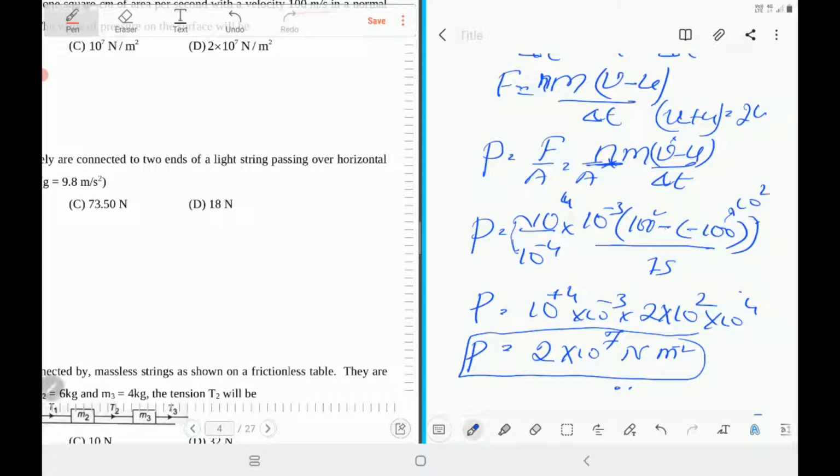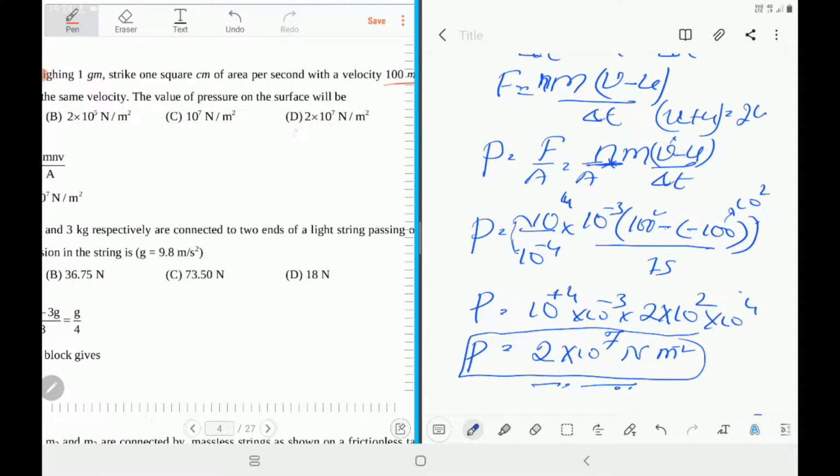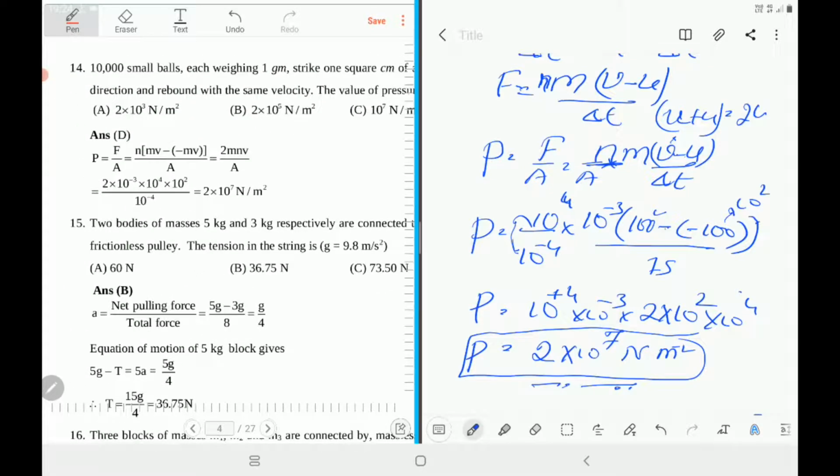That's why I have written minus of minus plus 2 times u, because v equal to u in value, and with respect to v, u is in the opposite direction. That's what you have to remember, right? This is the value 2 times 10 power 7. So the option is D. We'll move on, students.